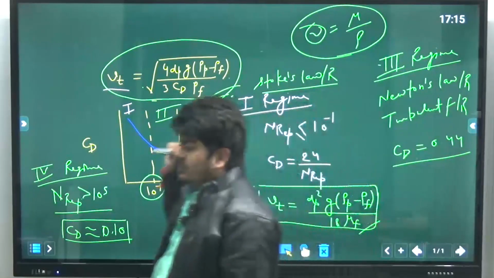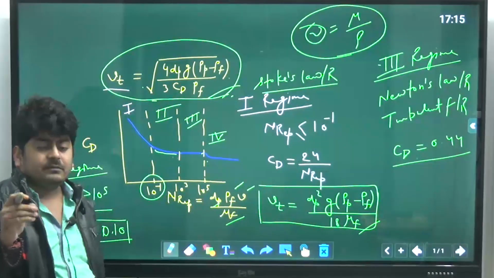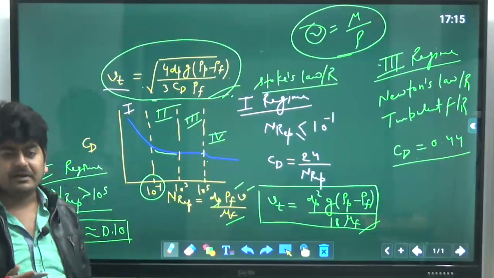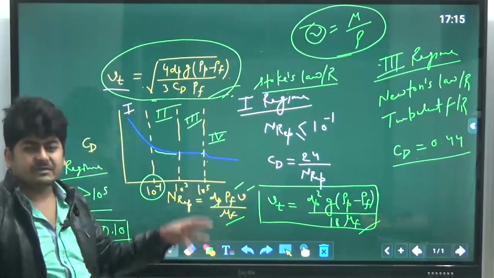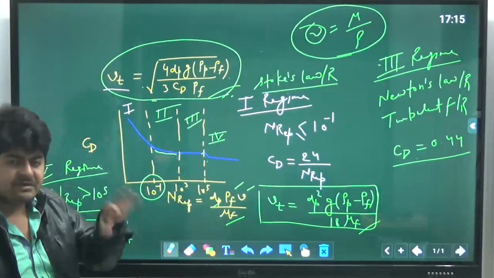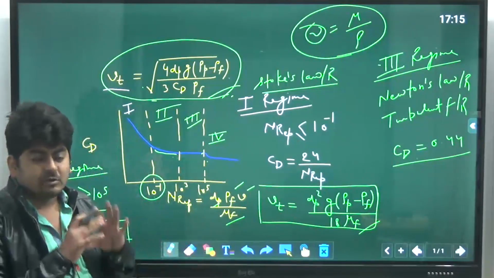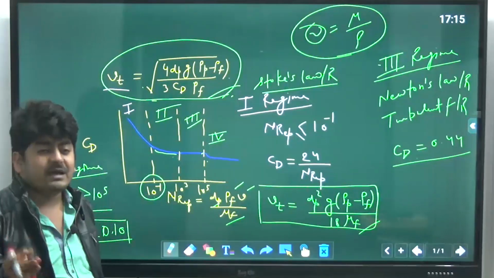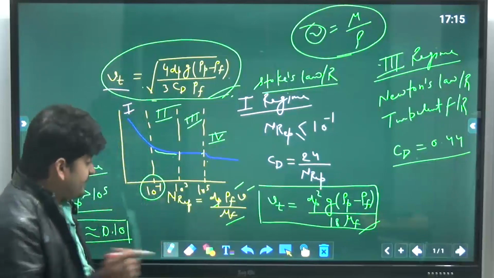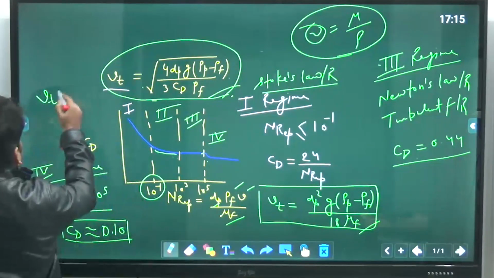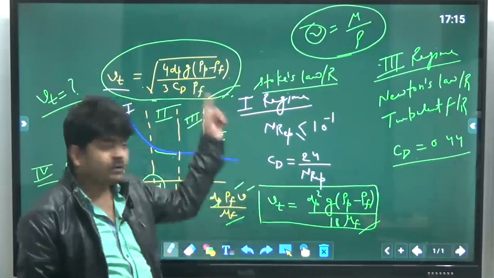Now, if we are not able to calculate the particle Reynolds number, like some variables are given, viscosity is given, density is given, diameter is also given, but velocity is unknown. In the question so many parameters are given, and they are asking you to calculate the terminal settling velocity. Then obviously I have to use one of these forms of the equation.